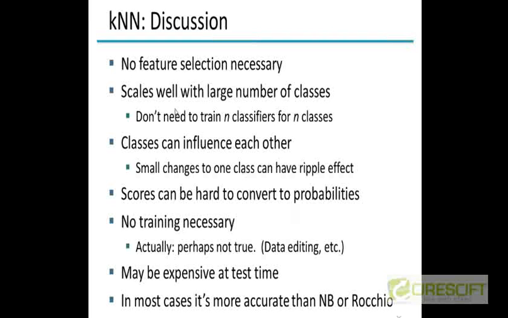So some of the advantages and downsides of k nearest neighbor. Firstly, forget about this point, no feature selection. I don't think I discussed feature selection with you in detail when we talked about naive Bayes, but feature selection just refers to narrowing down the set of terms in your documents so that your document representation is more meaningful.